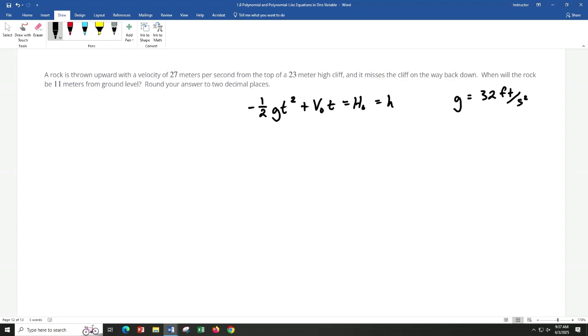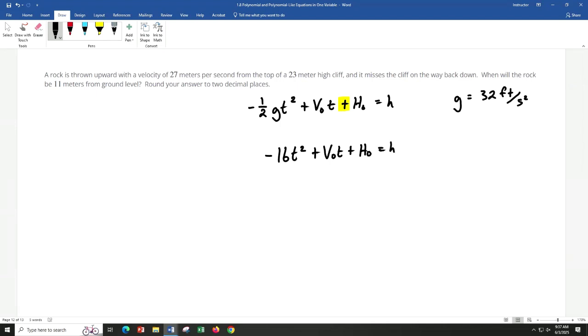I can replace that 32 in for g, and then you get a better looking formula that looks like this: negative 16 t squared plus v naught t. I'm sorry, I rewrite this over here. There's a plus symbol. I'm supposed to put that there. Sorry. I replaced that right there, just so you know what I changed if you weren't looking. Plus h naught is equal to h.